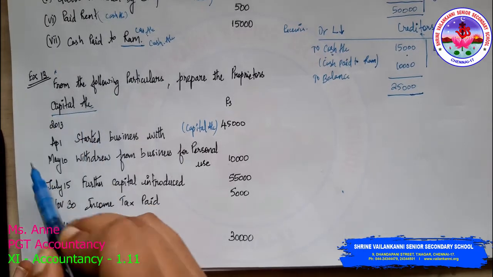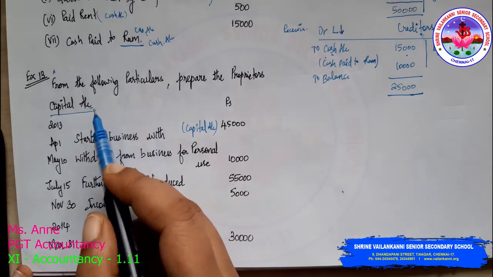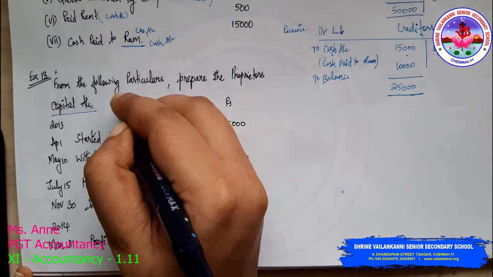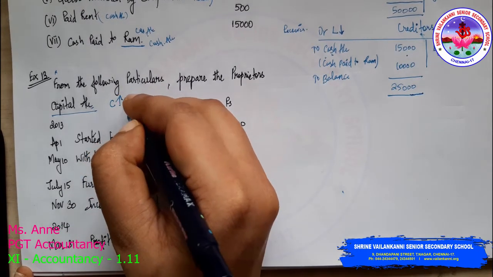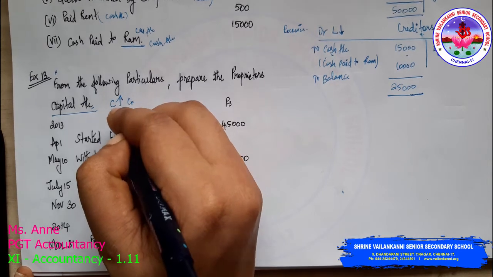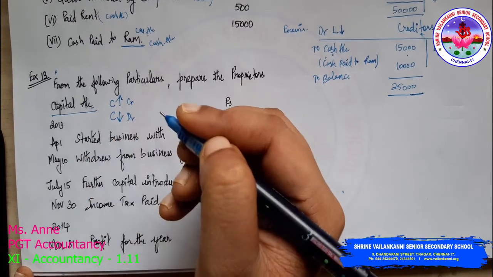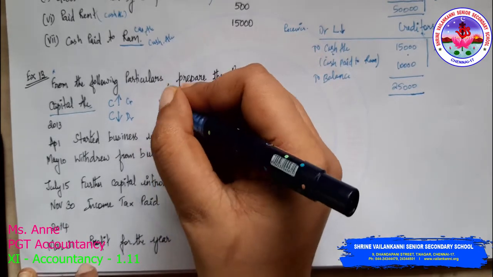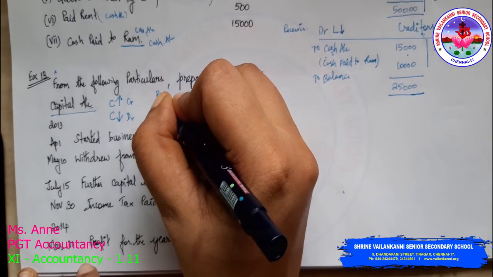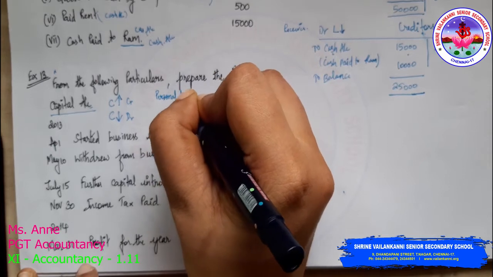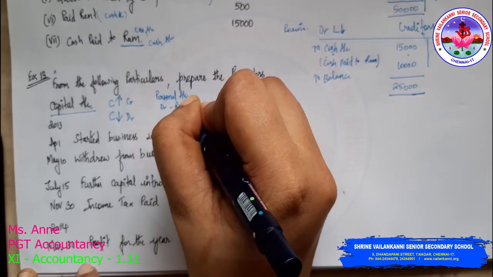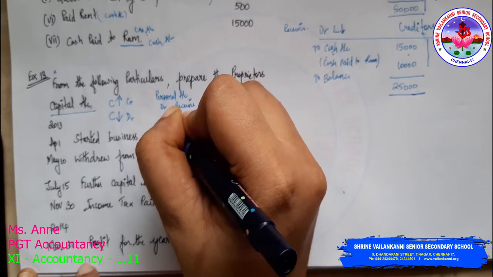You know that capital account will be, if we are following the modern approach, capital if it is increasing you need to credit it, capital if it is decreasing you need to debit it. And if you are following a traditional approach, capital is a personal account: debit the receiver, credit the giver.